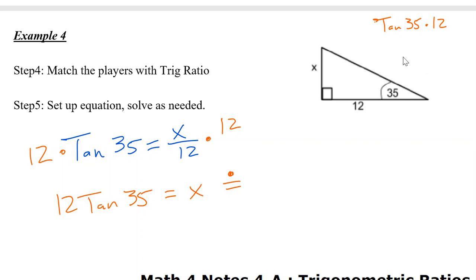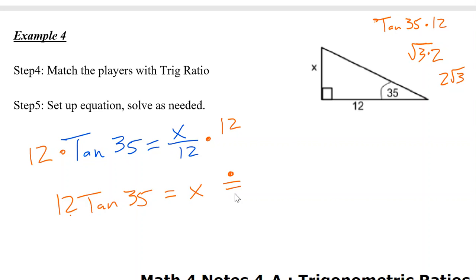This is kind of like saying, if I'm going to have the square root of 3 times 2, was the 2 meant to be under the roof or not? Especially if the roof drifts over that far. Was the 2 meant to be under the roof or not? I don't know, but if I write it like that, there's no question. So that's why we write 12 tan 35, it's 12 times tan 35, and you can punch it into the calculator without the multiplication sign. You can say 12 tan 35, enter, and you're good.